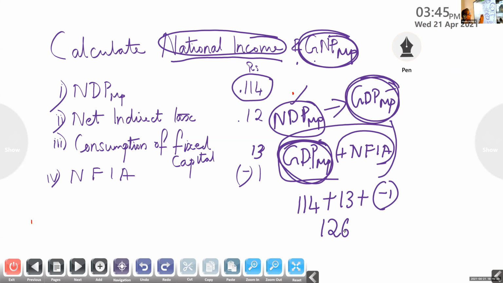To get GDP MP from NDP MP, what did you do? Add the depreciation. Now imagine they have given you GDP MP and you have to find NDP MP. What should you do? Subtract the depreciation, the consumption of fixed capital.